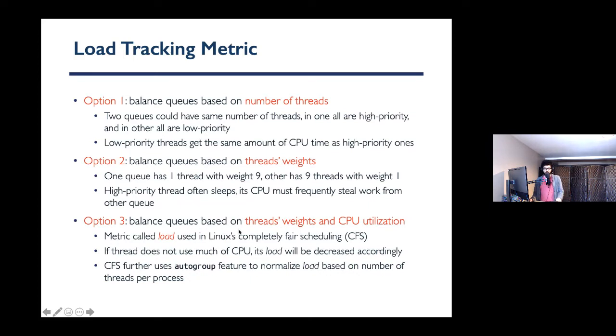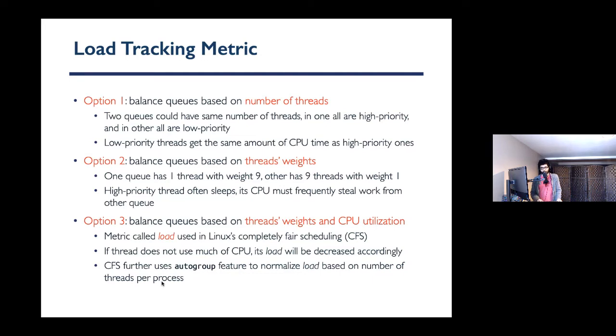One thing that you have to consider is how we deal with processes with a lot of threads versus processes with one or two threads. Do you want to distinguish between the two?